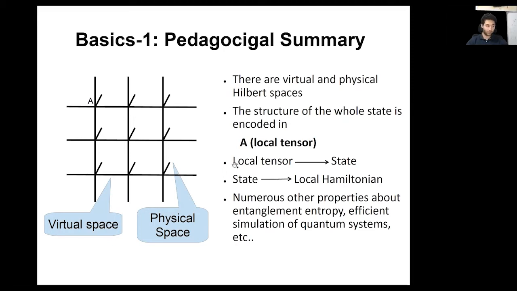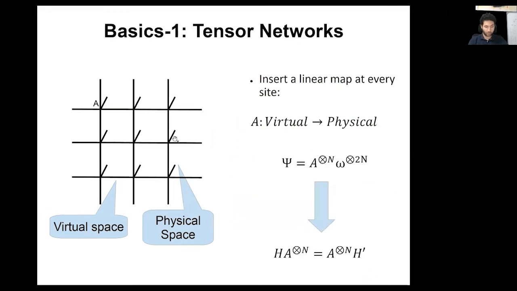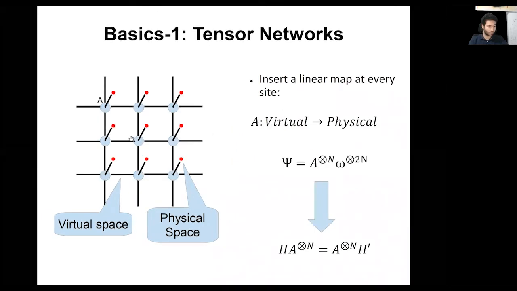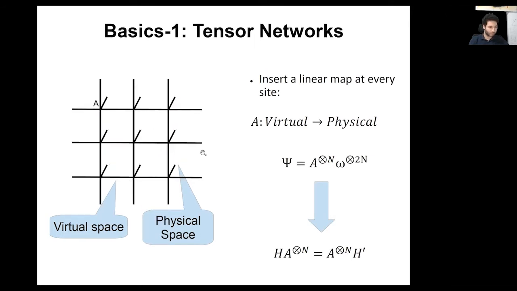To be more precise, we are given this tensor A, a linear map from these 4 Hilbert spaces to this one physical, local Hilbert space. And from this local tensor, we construct a global state psi, which is this.